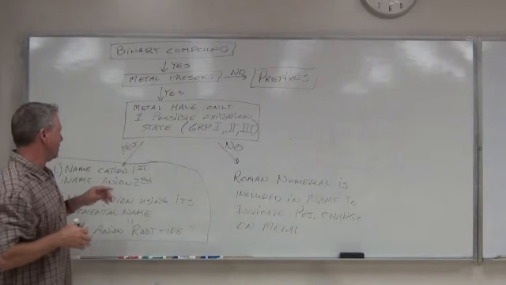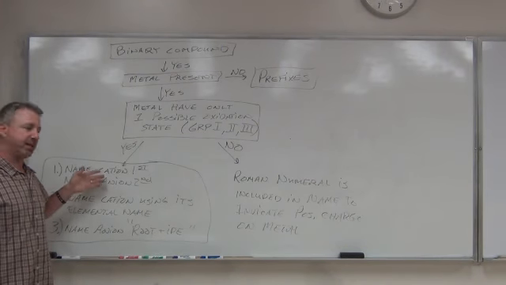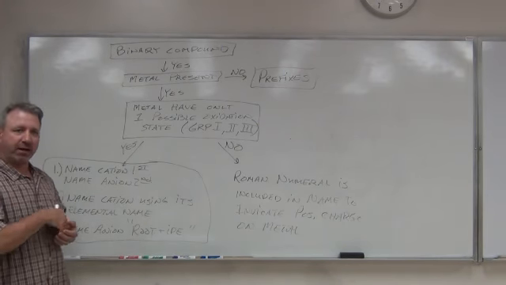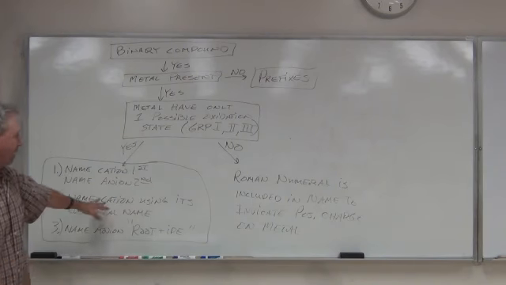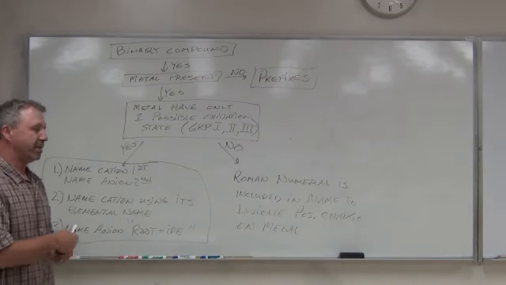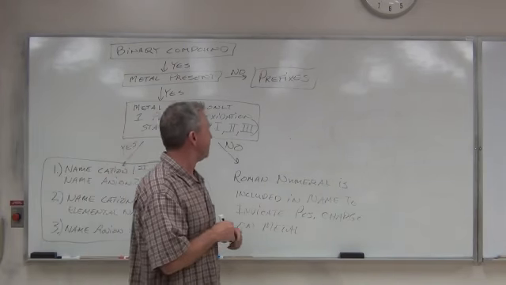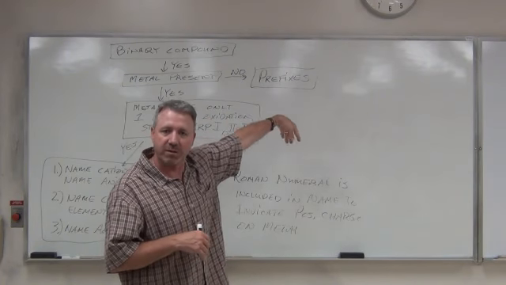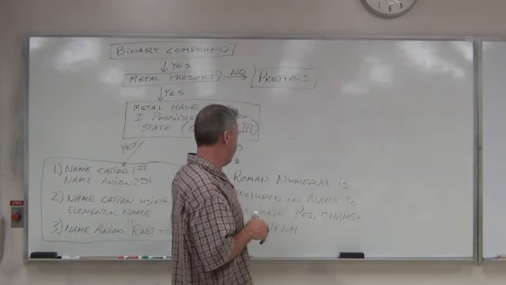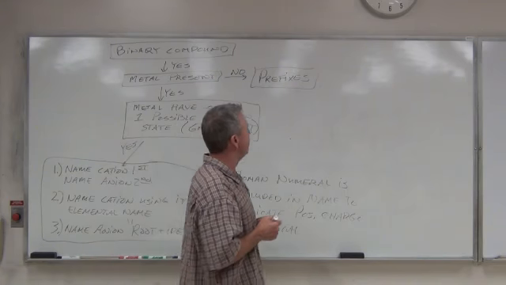Again, all of them follow this same basic format. We're going to name the cation first, the anion second. We're going to name the cation with its elemental name. We're going to name the anion with root plus ide. But we're adding on to them with just a little extension of this protocol right here.